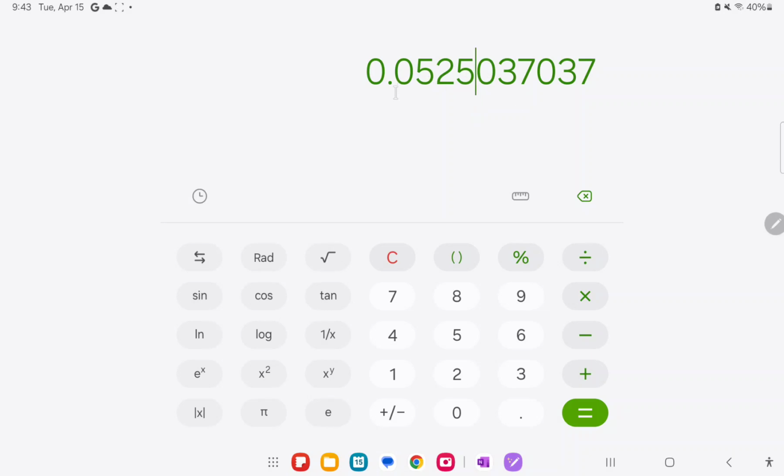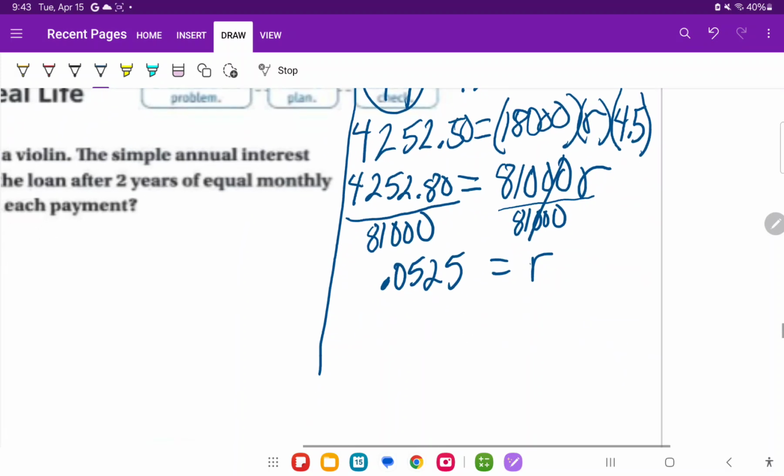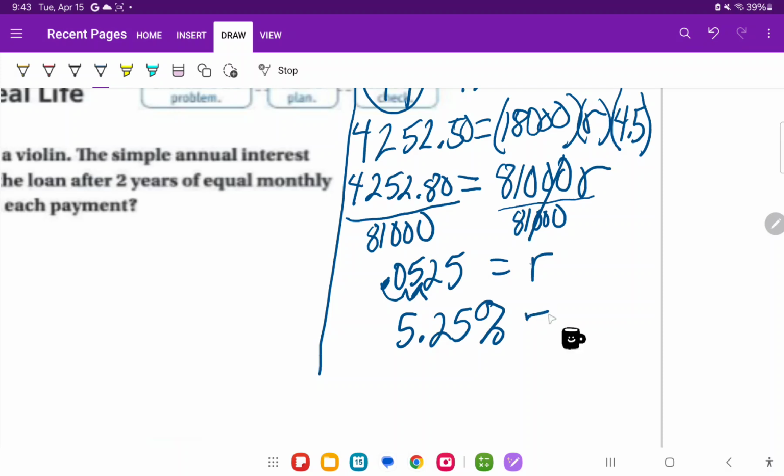So it's 0.0525. We want all of those places. Now the final thing is I'm going to move the decimal 2 places to that new spot. So that's 5.25% is the rate.